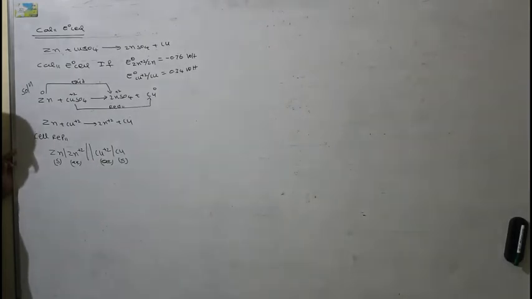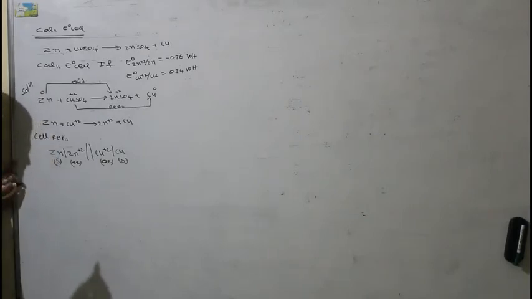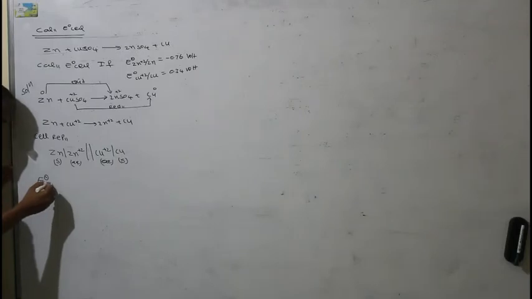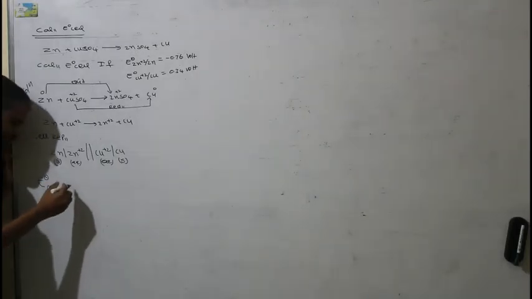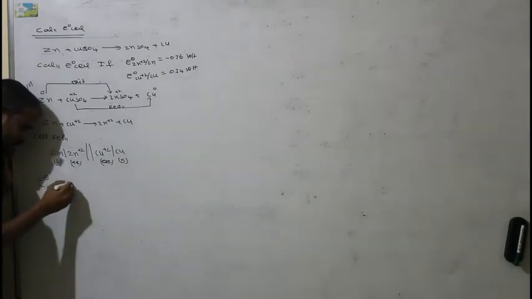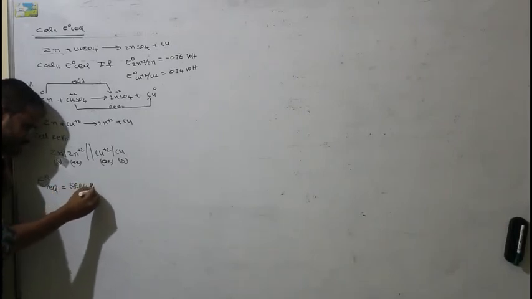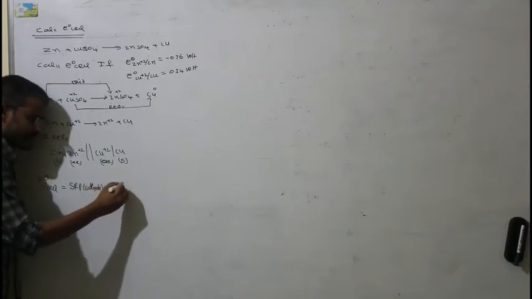Now we should calculate E naught cell. We actually have three formulas for E naught cell. First one: E naught cell is equal to standard reduction potential of cathode minus standard reduction potential of anode.